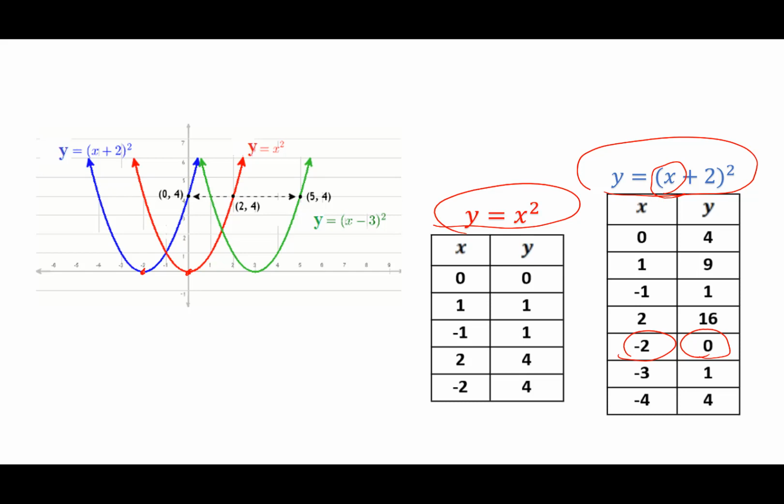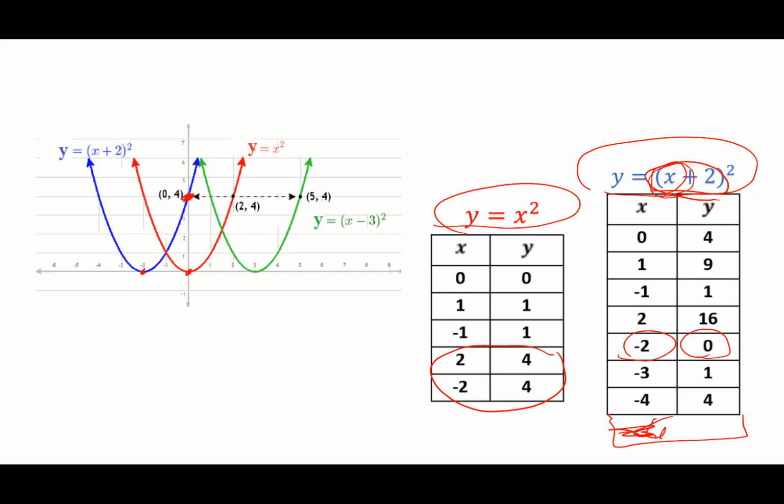And the same thing, like, for example, in the original graph, you've got 2, 4, and negative 2, 4. But now if you want y to be 4 in the blue, this needs to be either 2 or negative 2. And the only way that's going to happen is if x is 0. 0 plus 2 is 2, squared is 4. So now you've got 0, 4 on the graph.